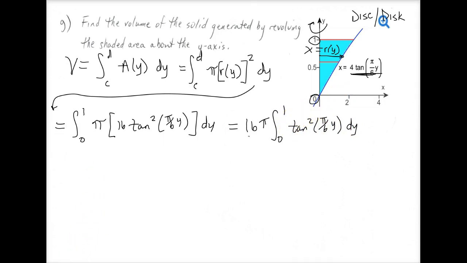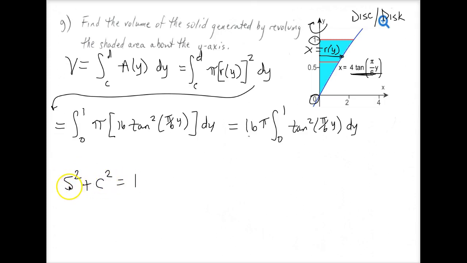Now, when we look to try to take the antiderivative of tangent squared of pi over 6y, just focusing on the tangent squared, we don't have anything that will give us a direct antiderivative for that. But what we can do is use some of our trigonometric identities to rewrite tangent squared in another way. In particular, we know that sine squared plus cosine squared is equal to 1.